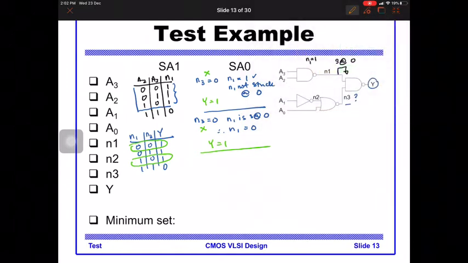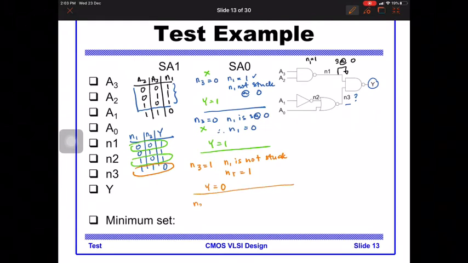So this means N3 equals to 0 is not good. Okay, so now we try something else. We try N3 equals to 1, right? If N1 is not stuck, then N1 equals to 1, N3 equals to 1, then you will have here Y equals to 0.